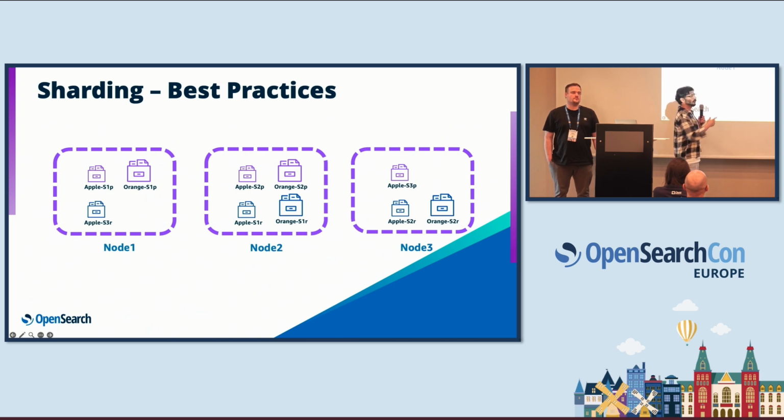But let's say we have an orange index, and let's say the index size is around 22, 23 gig. So now, would you compromise on the shard size best practices and distribute it on all the 3 nodes, or would you compromise on the distribution and have at least a minimum shard size of 10? The answer is quite difficult to say.